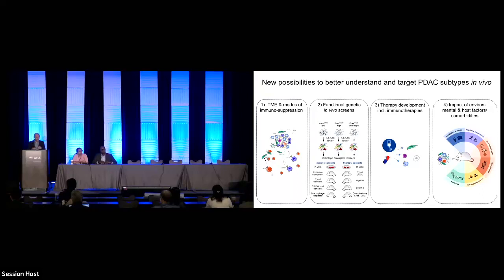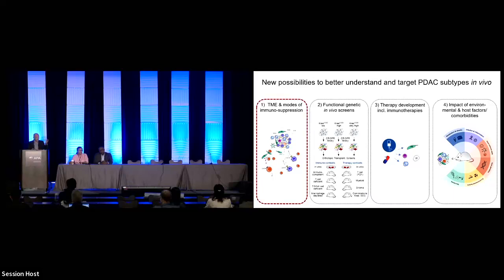We can develop therapies, including immunotherapies, and we can put these mice into different environments or feed these mice, for example, with a high-fat diet, or manipulate the microbiome of these mice. So I think we have quite a nice set of models where we can really try to understand the mechanisms that drive all these subtypes and that drive therapeutic response and resistance.